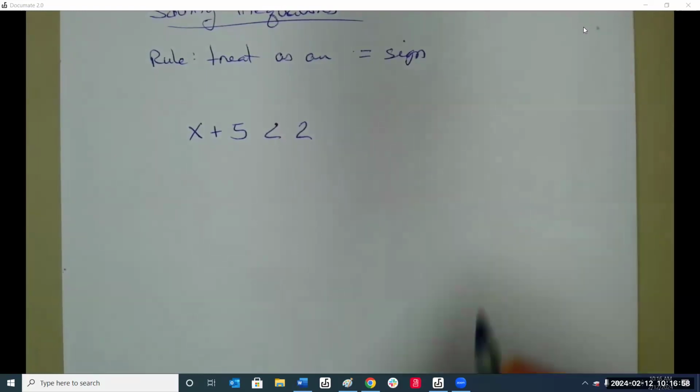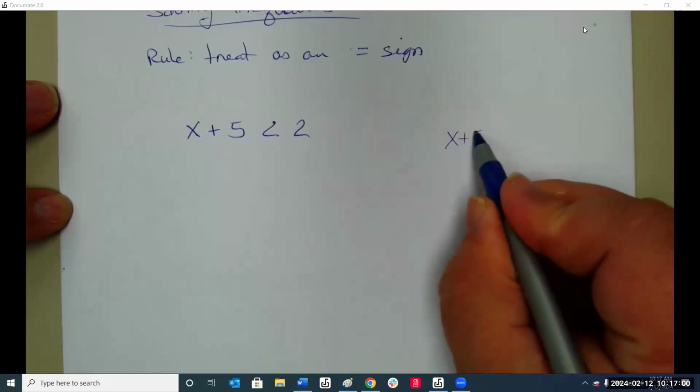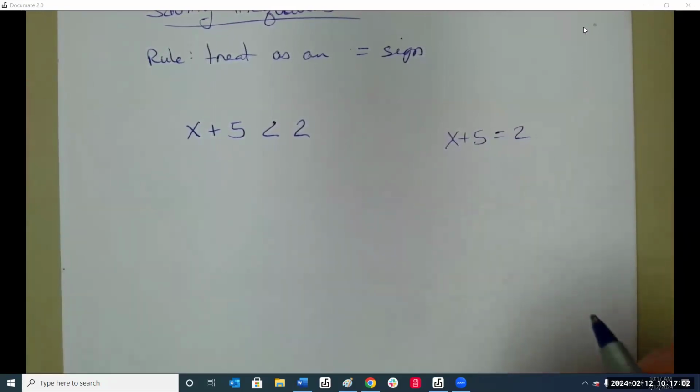How would you solve that if it was x plus 5 equals 2? How?